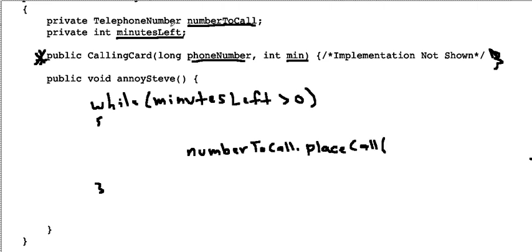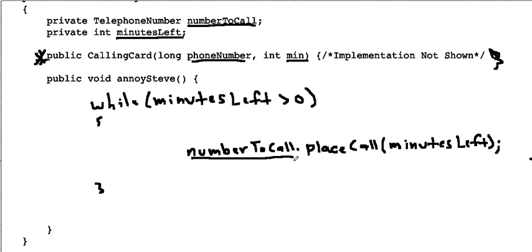So you're using your field and you're putting in how many minutes you have left. So that's the first thing. If you want to call a method in another class that's not static, you have to call it off of an instance of the class, which we have right here.